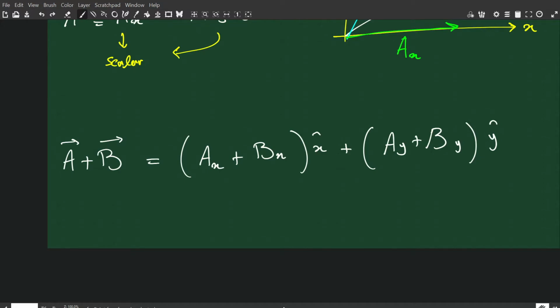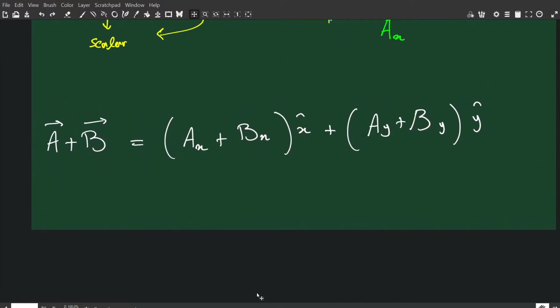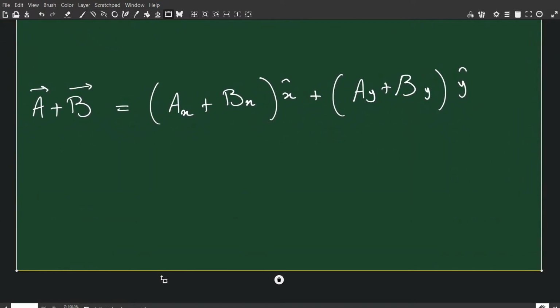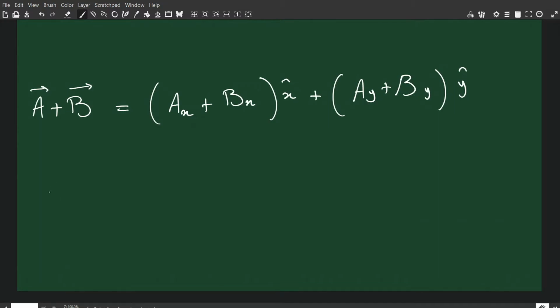we're gonna talk about multiplication of vectors. There are many ways to multiply vectors, and the first one is this: multiplication.